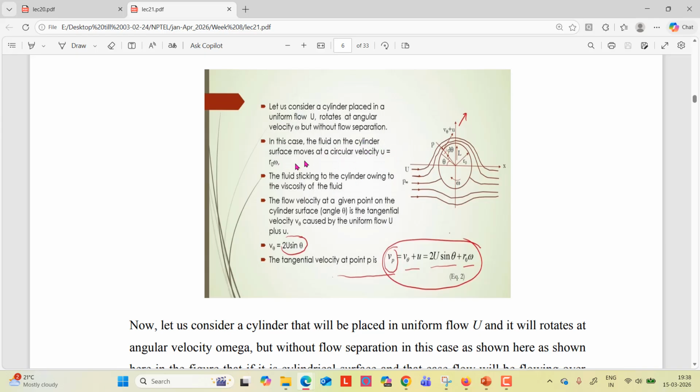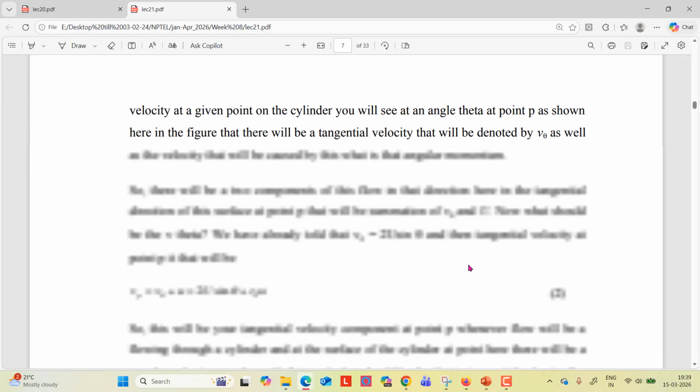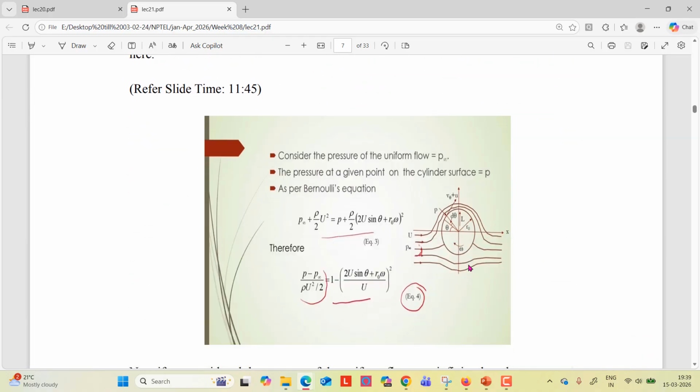If the cylinder surface moves at a circular velocity u, suppose along with the flow, the body is also rotating itself. So what will happen? This P velocity will change from v theta to v theta plus u. So this is how the rotational velocity term will be added. So now if you apply Bernoulli's equation at point A and at point P, this is how the equation will change.